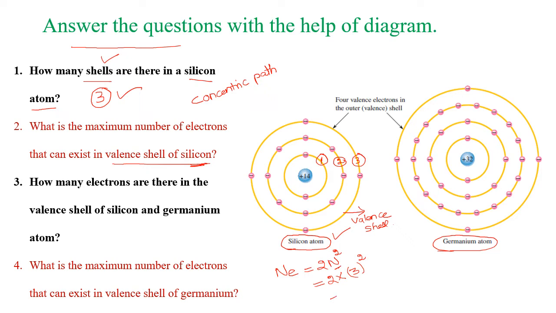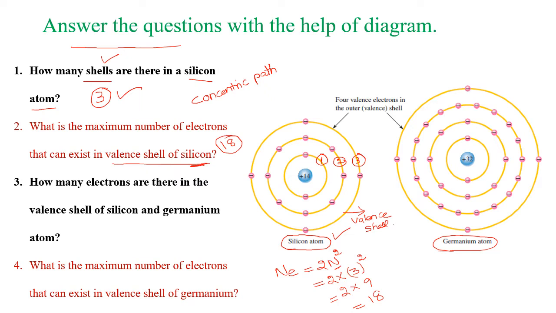So 3 times 3 is 9. So the maximum number of electrons that can exist in the valence shell of silicon is 2 times 9, which is 18. So 18 is the maximum number of electrons.